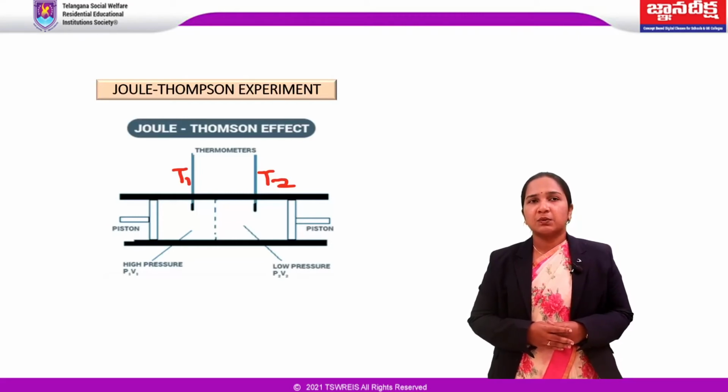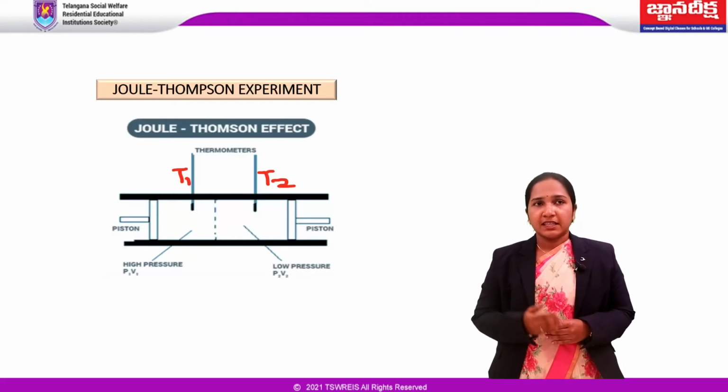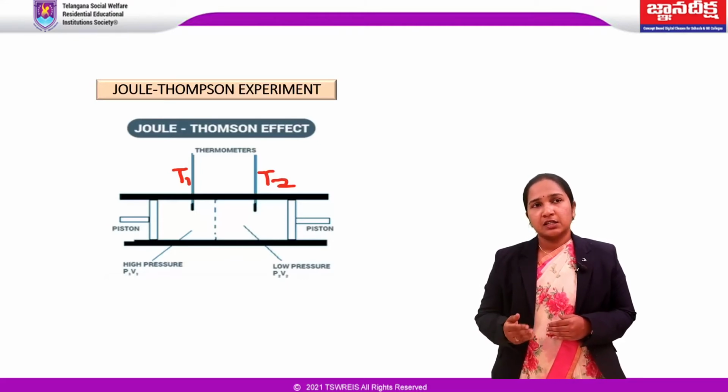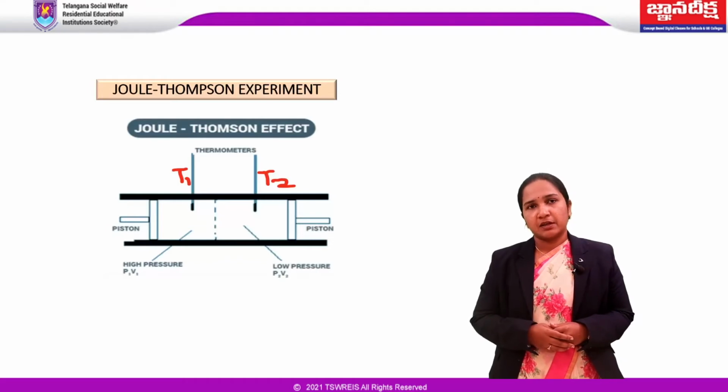The temperatures T1 and T2 are measured. When the gas flows from a region of high pressure to low pressure, a change in temperature is observed. Mostly the temperature is cooled.